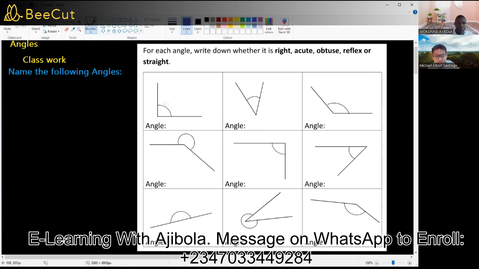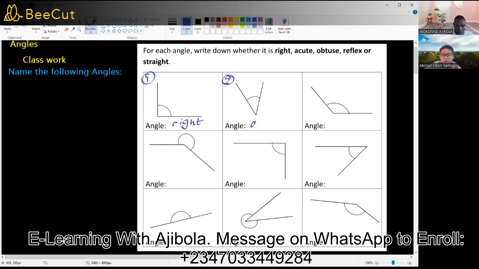So what will you call the first, number one? What name should I write here? That's a right angle. Okay, I should write right angle. So number two, what name should I write here? That's an acute angle.